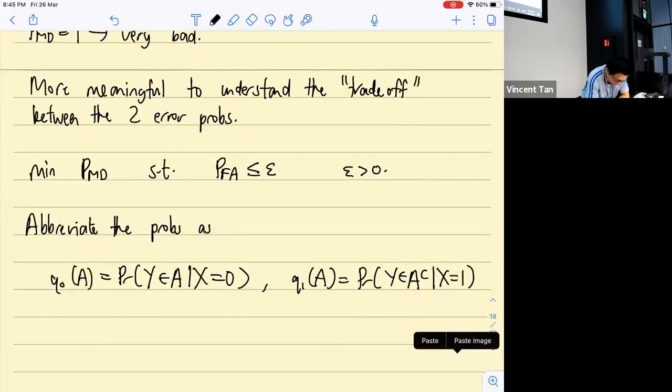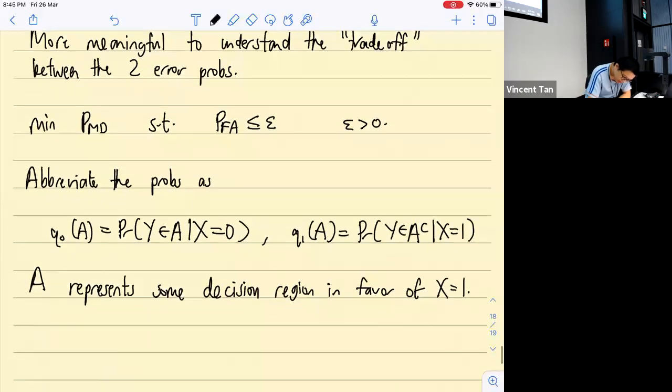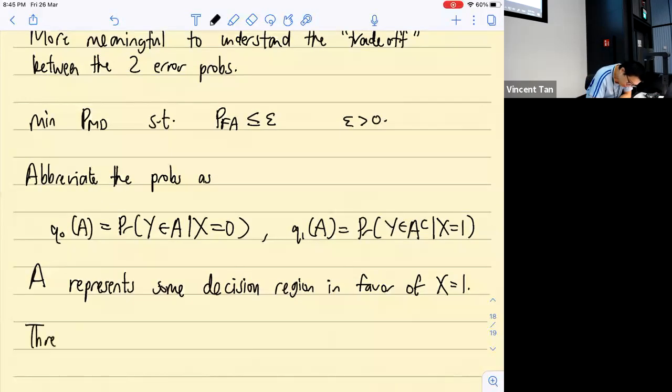All right. So A represents some decision region in favor of X equals 1. Okay, A or D, doesn't matter. We are also interested in threshold tests in this case, such that A looks like the following.